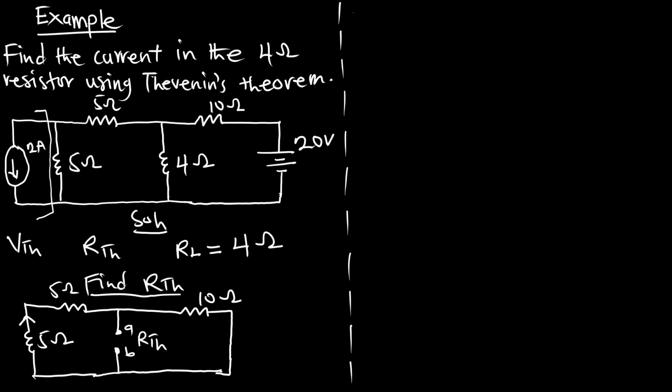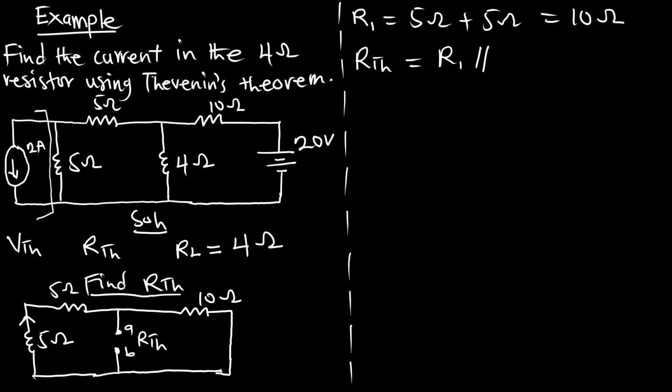Let's call the series resistance R1, equal to 5 ohms plus 5 ohms, and that is going to give us 10 ohms. Are we okay? So I can say that the RTH will be equal to our R1 in parallel with the 10 ohm resistor. That is 10 ohms parallel to 10 ohms.